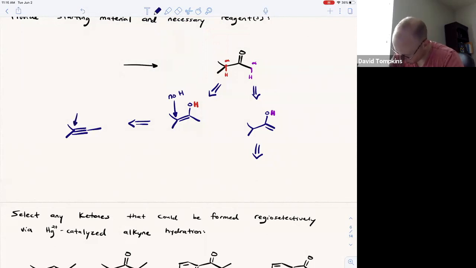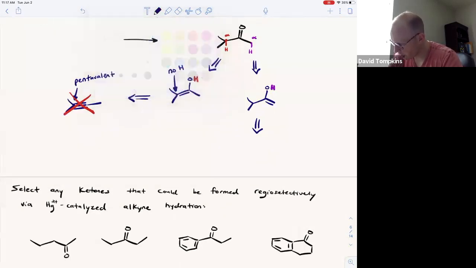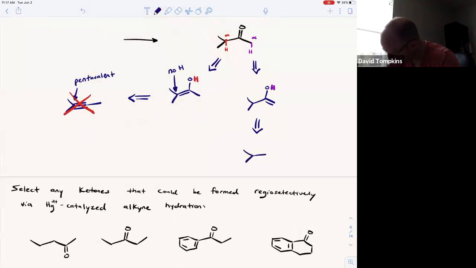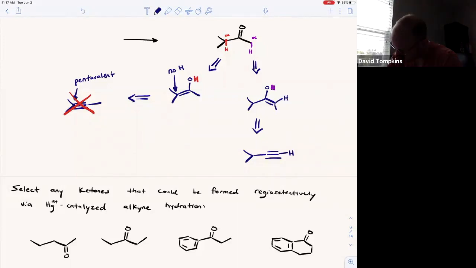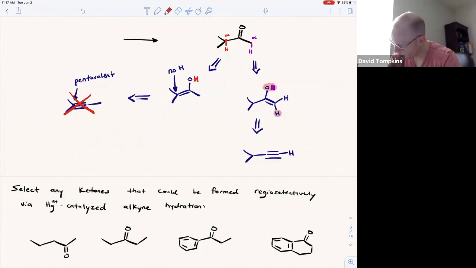In other words, this is a pentavalent carbon with too many bonds, which means you can't have an alkyne there at that tertiary center. But if you think backwards from the other one, you could have a terminal alkyne here, and you've added the H to the primary carbon and the OH to the secondary carbon.